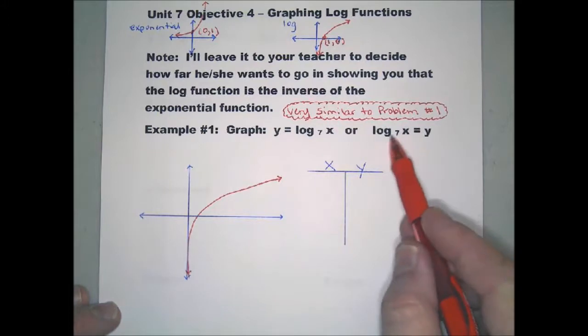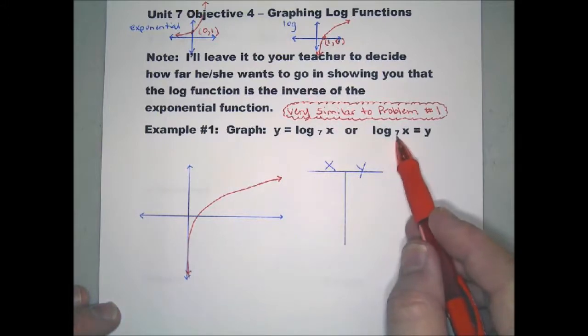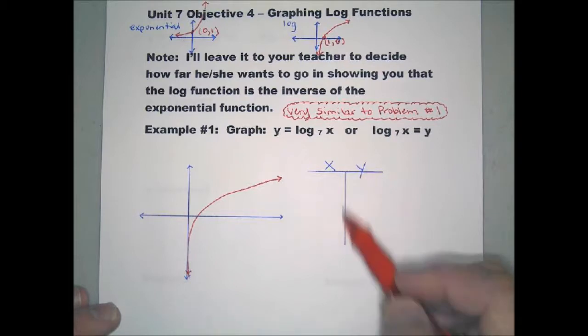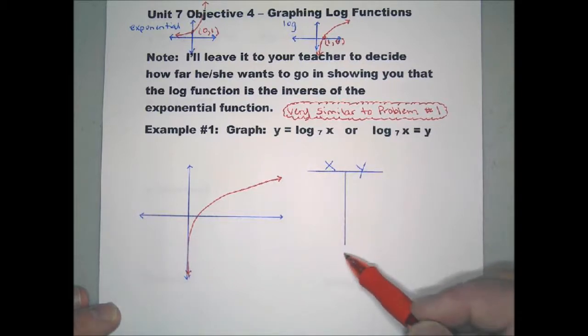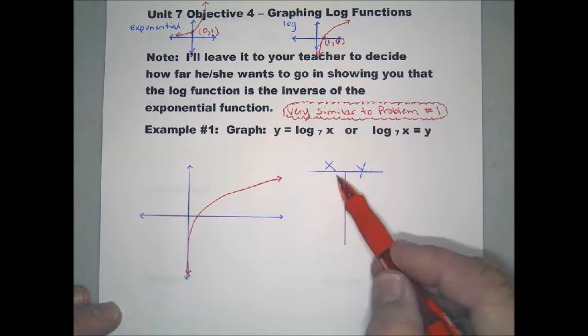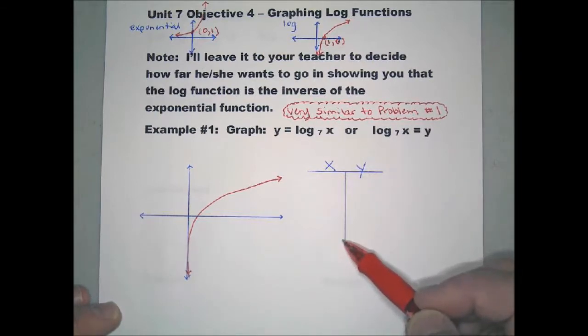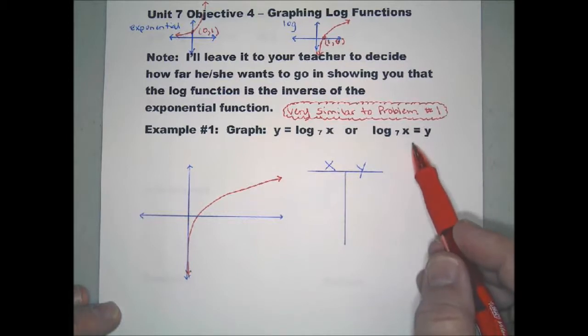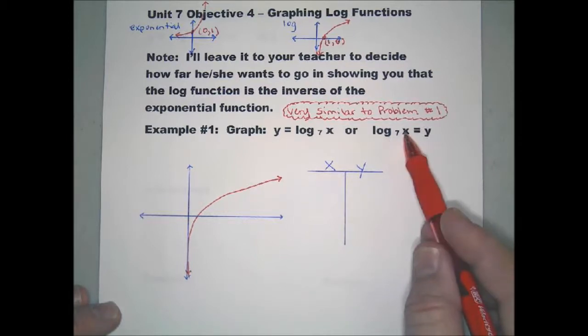Now, since I'm in log base 7, we're going to go back to the way that we almost always figure out how to graph a function, a line, a parabola, an exponential, whatever. We always start off by picking some points. Now, we can't just pick any points. There are certain points that are going to be really nice.